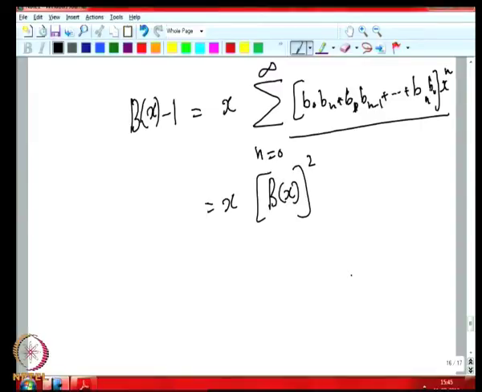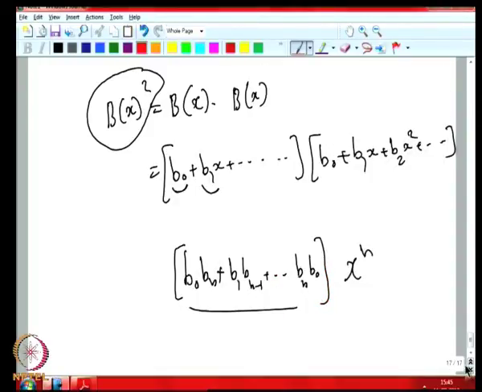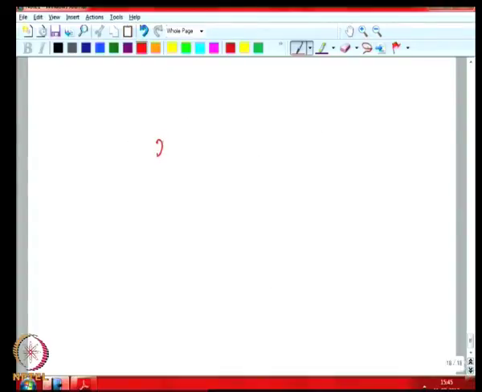So, again we repeat, we get b of x minus 1 equal to x into b of x square. Now we can rearrange it, we pull it to the other side. So that is x into b of x whole square minus b of x plus 1.